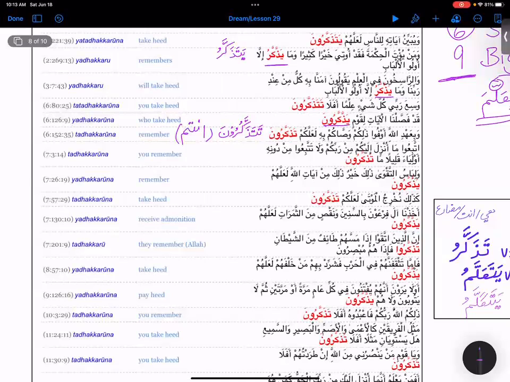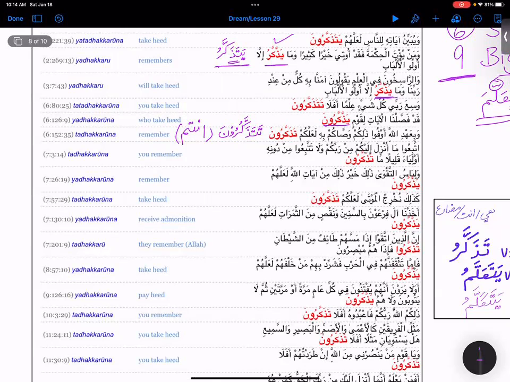Actually it was yatadhakkaru, but they just fuse this ta into the dhal to make it easy on your tongue. Yatadhakkaru and yadhakkaru. Yadhakkaru is easier to pronounce. So that happens.